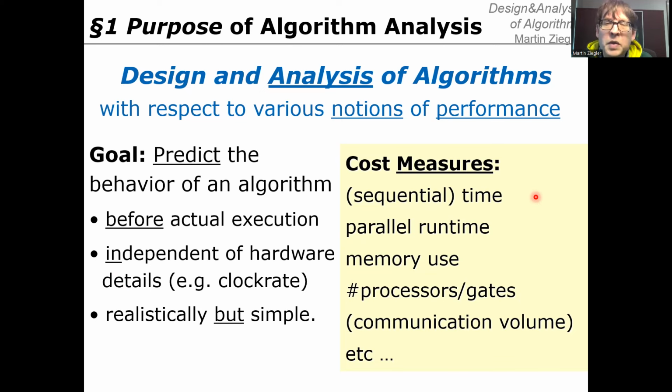Yet it should be realistic, but it also should be simple. And that's often conflicting goals, because if we want the best precise prediction, then maybe this will be very involved, both in terms of analysis and also in terms of stating the result.